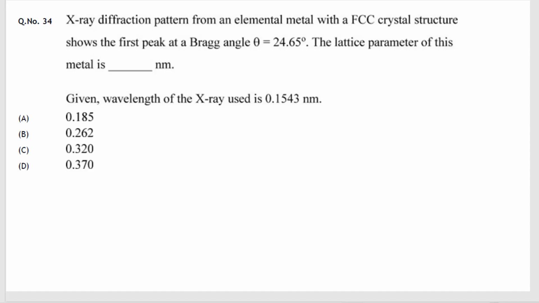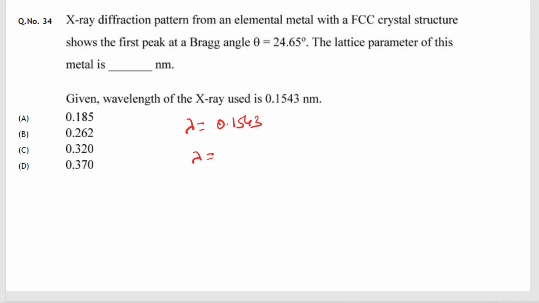Now question is question number 34. X-ray diffraction pattern from an elemental metal with a FCC crystalline structure shows the first peak at a Bragg angle of theta 24.65 degree. The lattice parameter of this metal is, okay, and here it is given the wavelength of X-ray used. So this is a problem of Bragg's law. So we know here lambda is equal to 0.1543.